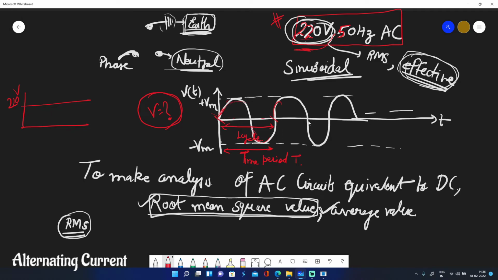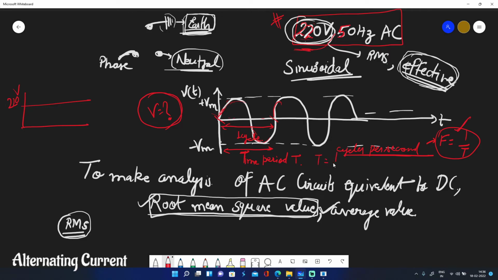This waveform consists of different cycles. How many cycles per second is the frequency, and frequency is 1 upon time period. That you must already know from SHM.